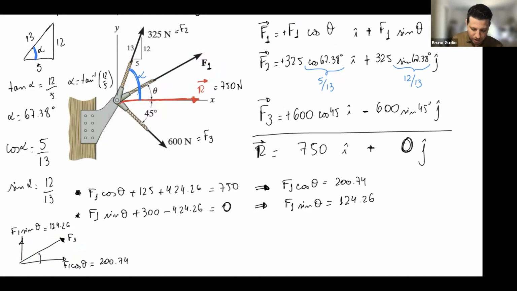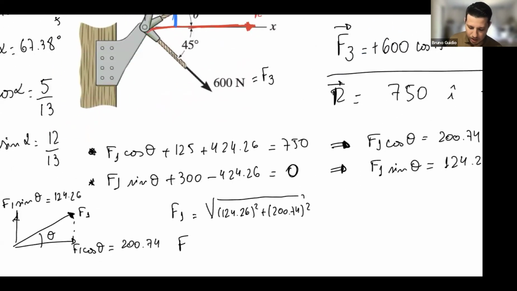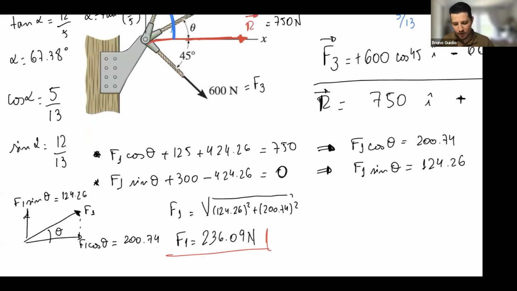We have the angle here, right angle triangle. We're going to have F1 equals the square root of 124.26 squared plus 274 squared. What I'm going to get, solving it quickly here, is 236.09 newtons. Okay, that's the magnitude of F1.